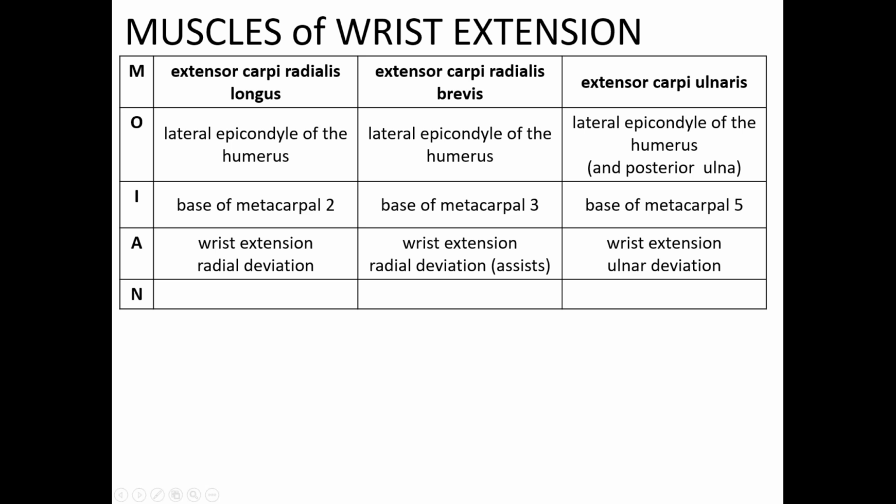Okay, so now let's look at these. These are your wrist extensors. Extensor carpi radialis longus. If we have a longus, we're going to have brevis. And then extensor carpi ulnaris. Good. All of these, look at this, come from the lateral epicondyle of the humerus.